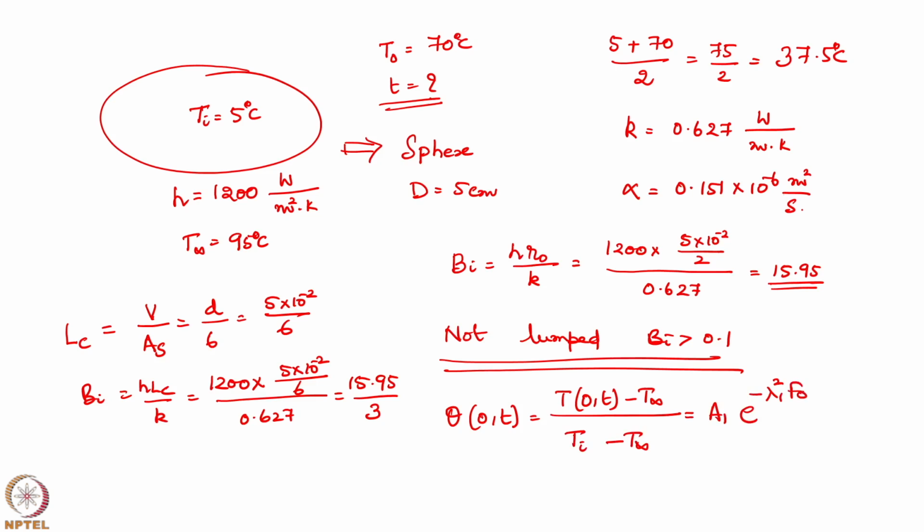So, for Biot number 15.95, I have to get the values of lambda 1. If you just come down, this is indeed 15.95, this is Lc.